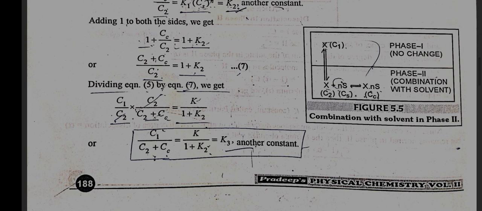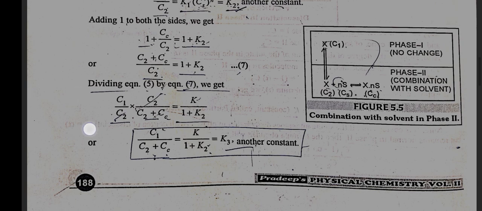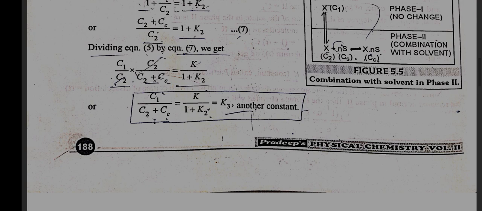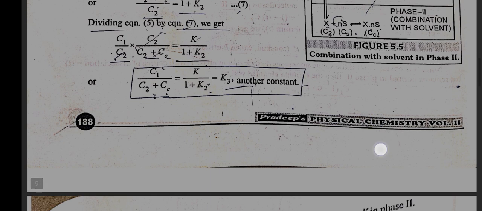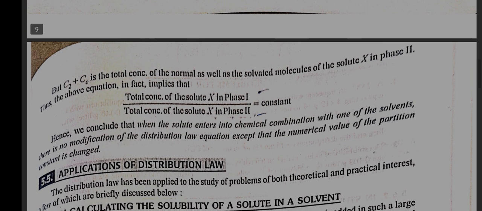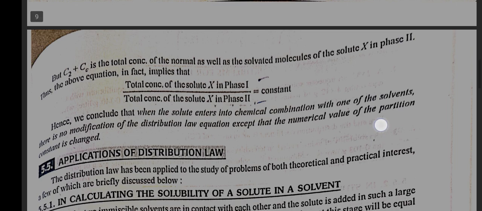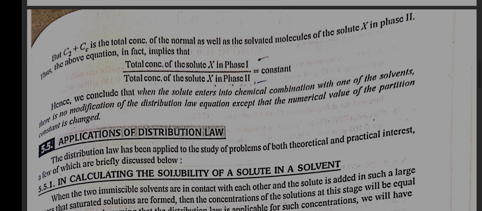C2 plus Cc divided by C2 is equal to 1 plus K2. Dividing equation 5 by 7, we get C1 divided by C2 plus Cc is equal to K divided by 1 plus K2, equal to K3, that is another constant. But C2 plus Cc is the total concentration of the normal as well as the solvated molecules of the solute X in phase 2.